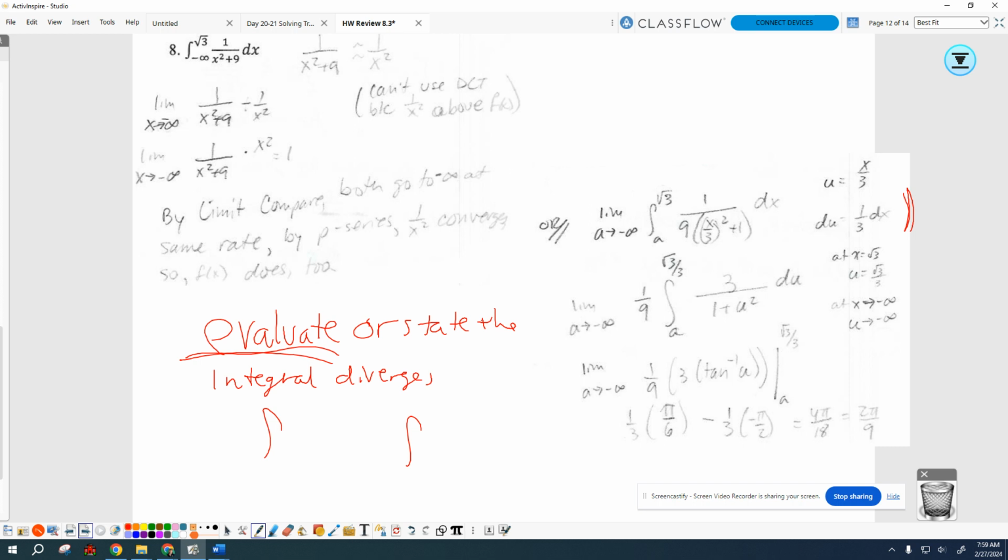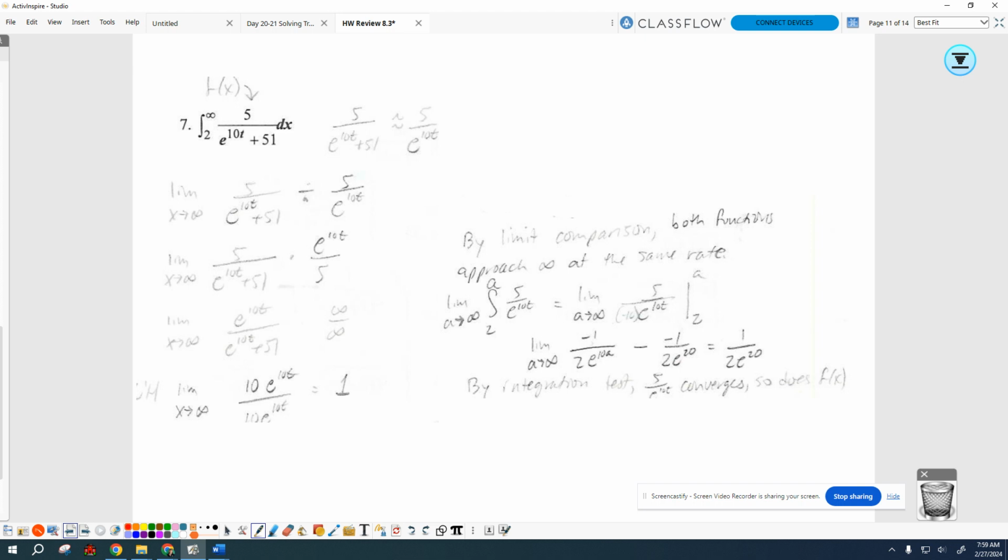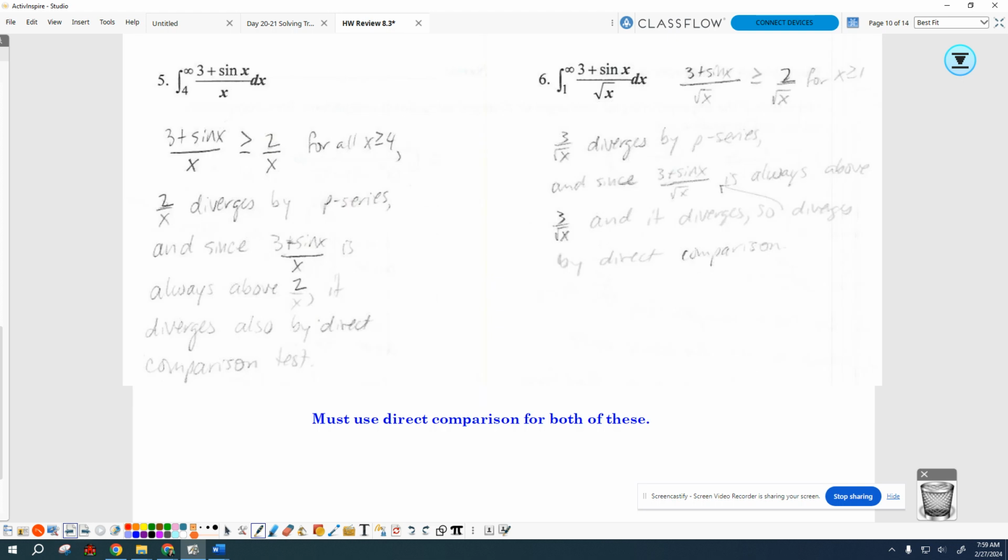For what we were going over before with direct comparison and top functions with bottom functions, isn't it the one that's bigger or smaller rather than top or bottom, or does it always correlate? The point was that if the trig function is in the denominator, the issue is p-series no longer works, and I'll have to do some other comparison.